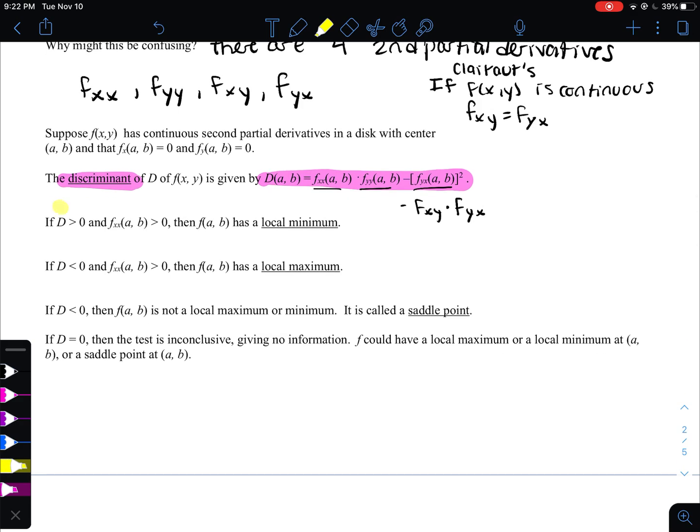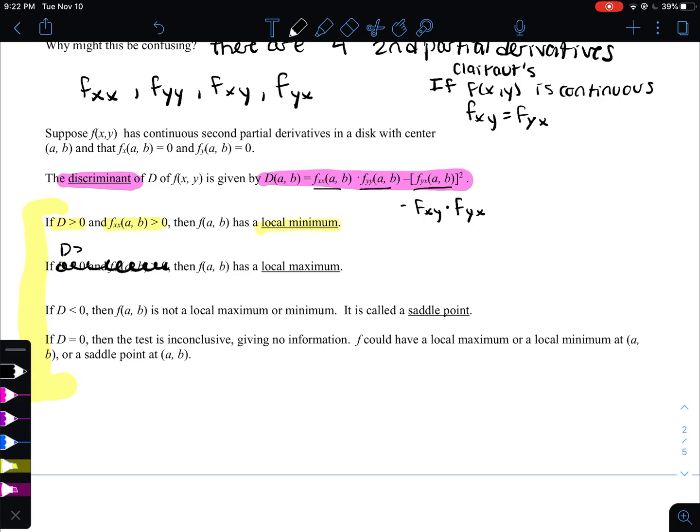But the key here is these important things. Using this formula, you will get a number of cases. If the discriminant is greater than 0, and the second derivative with respect to x is also greater than 0, we're getting a local minimum. Now I messed up here, some little typos, so make sure you're rewriting this if it doesn't say so.